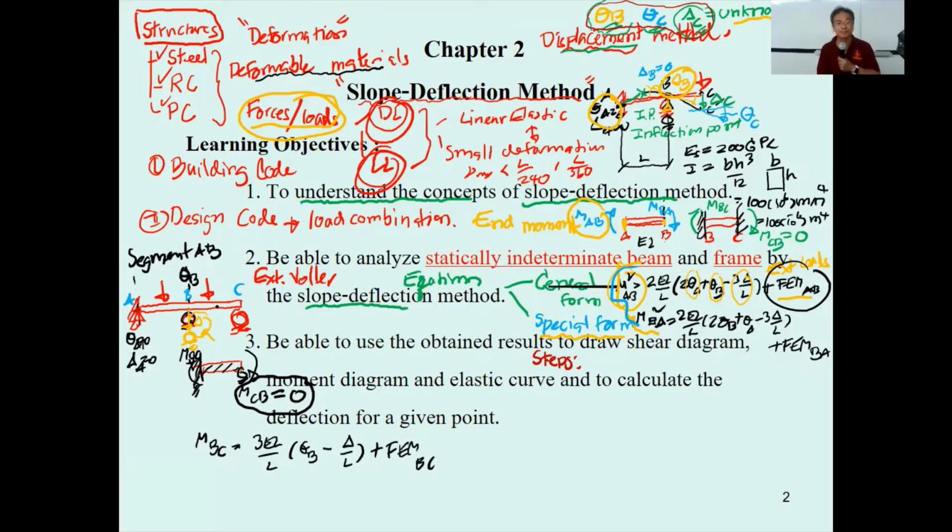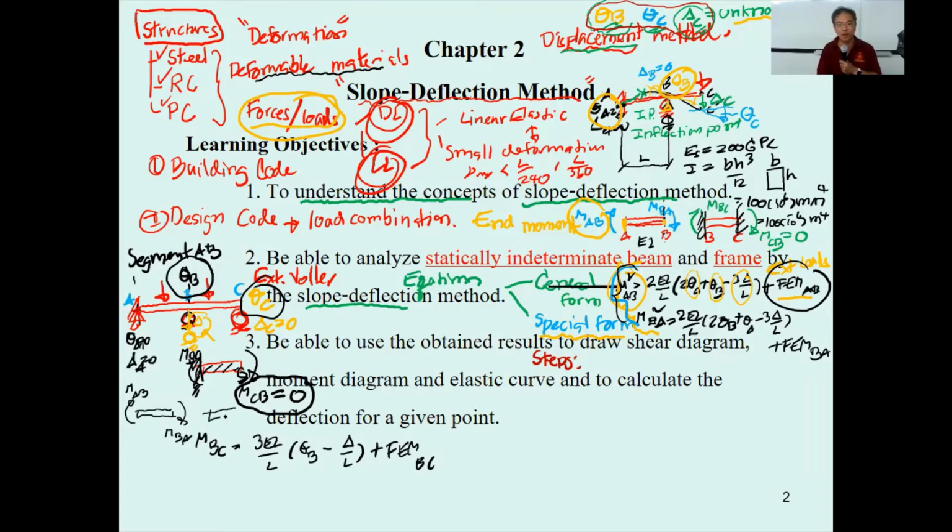Okay, and then what we have is theta sub C, and delta sub C is 0. If you analyze this, you will see this one as the unknown, and this one is also unknown. If you keep using these two, you will have the moments M sub AB and M sub BA.